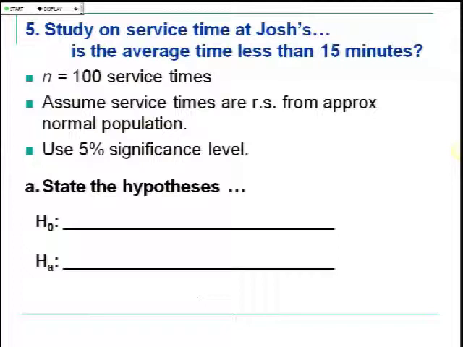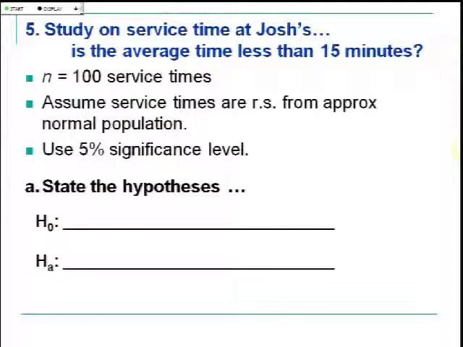This kind of comes from a competition between Josh and Drake. It was Drake back in number 3, who says that the mean service time for his customers is 15 minutes. That was supposed to be his established model, his true mean.